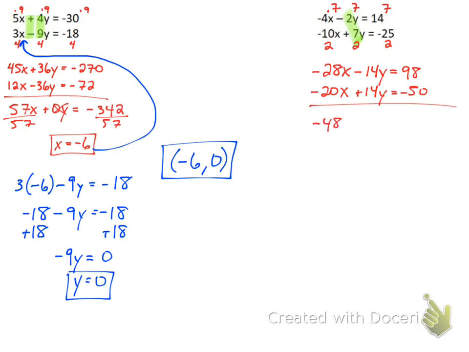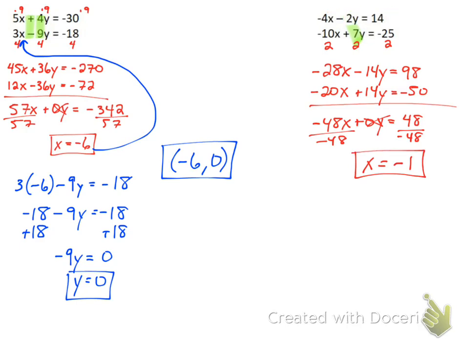So I get negative 48x plus 0y is equal to 48. Positive 48, yep. Divide both sides by negative 48. And I can get x is equal to negative 1. Again, plug it back into one of the originals. I think the top is going to be easier. Negative 4 times negative 1 minus 2y is equal to 14.